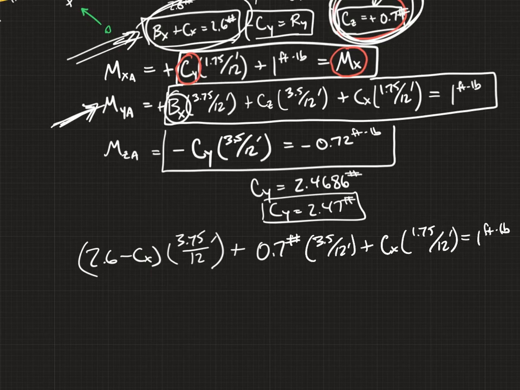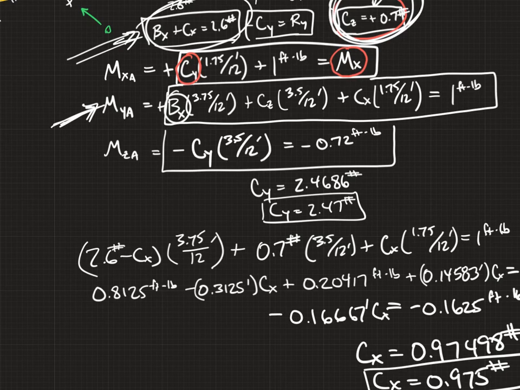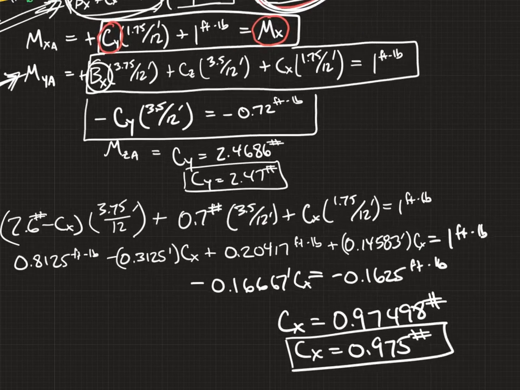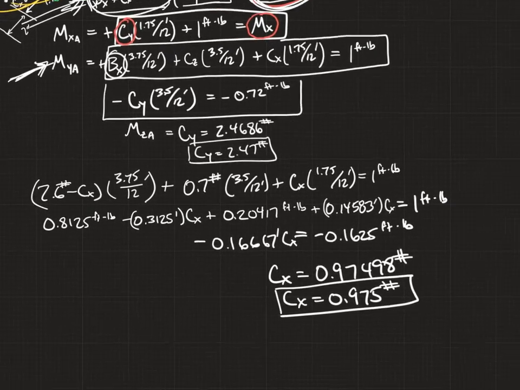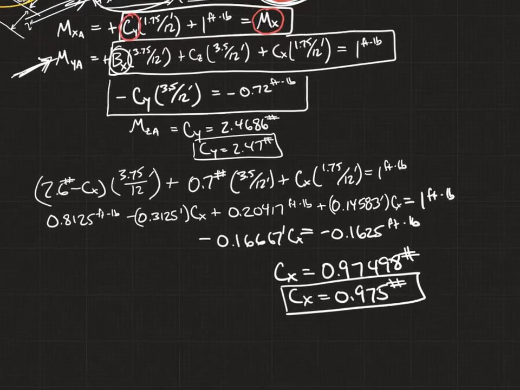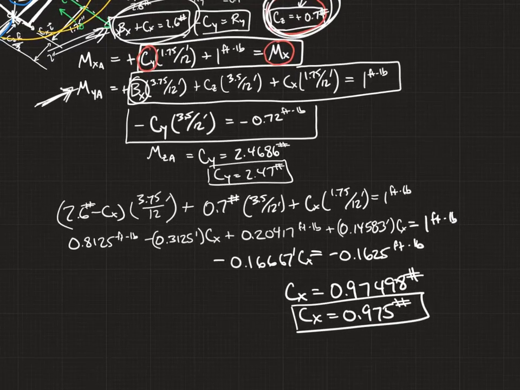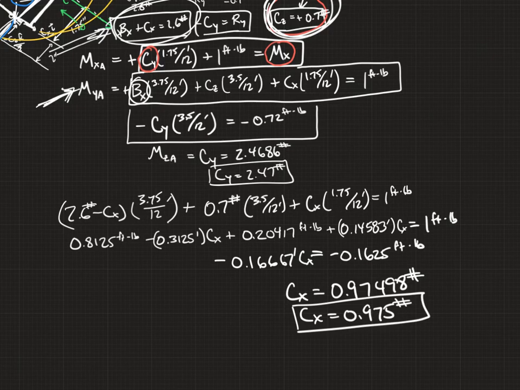So again, I'm just going to pause it and do the algebra. All right, so a little plug and chug. Plugging things in, moving things around, multiplying, solving for Cx. Once we have Cx, I'm going to use this relation up here. I'm going to notice that Bx plus Cx equals 2.6. So 2.6 minus 0.975.